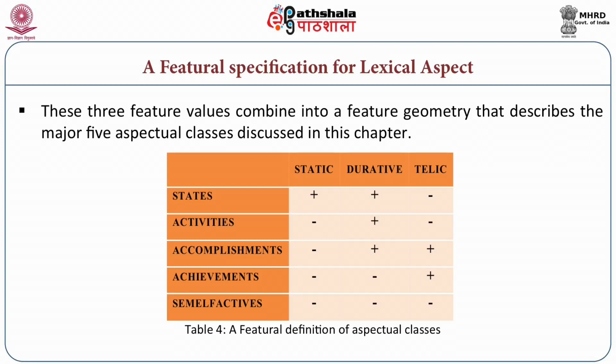Activities are minus static, but plus durative and minus telic. Accomplishments are minus static, plus durative, plus telic. Achievements are minus static, minus durative, and plus telic. Semelfactives have none of these properties.